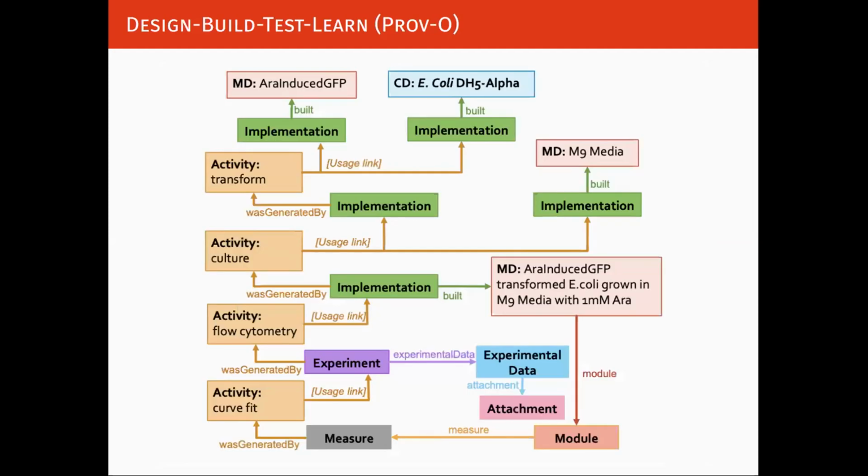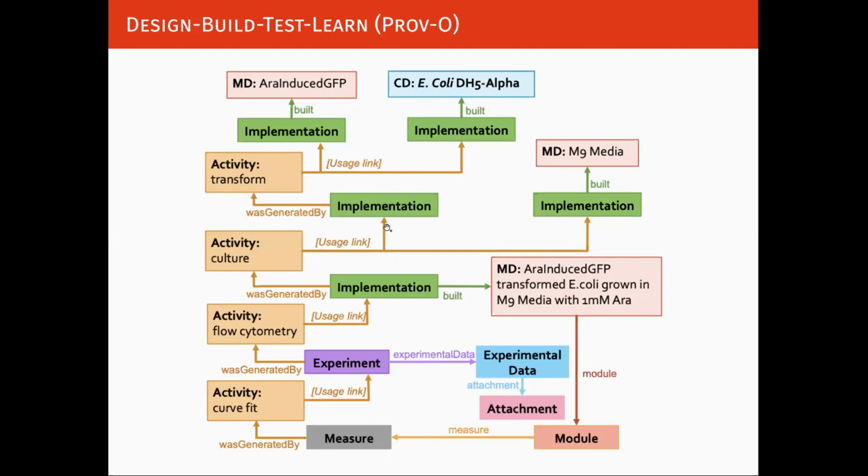So here's an example illustrating all of that. It's getting a little more complicated, but imagine that you've taken this arabinose-induced GFP circuit and you've taken an E. coli. This activity here is a build activity, which is transforming the circuit into the E. coli.